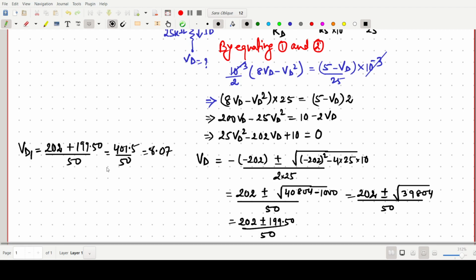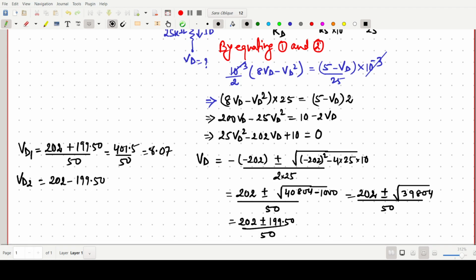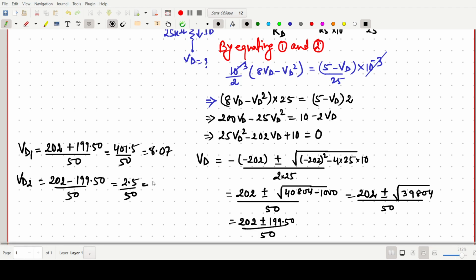VD1 means one root will be this, and the other root will be 202 minus 199.5 divided by 50. So if we subtract, it should be 2.5 by 50. So 2.5 by 50 will come 0.05. This one is volt, this one is the volt.